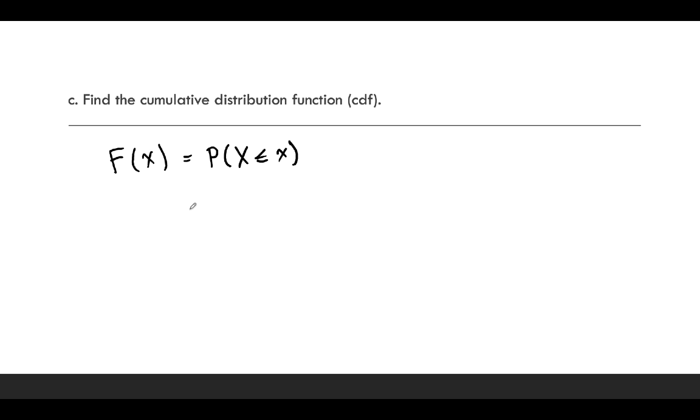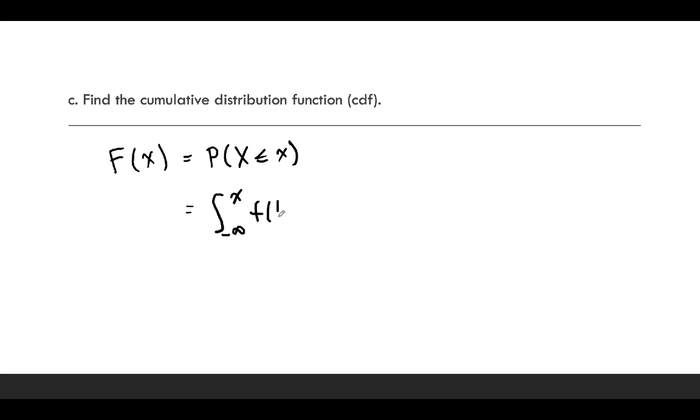However, when we calculate it with a continuous variable, using the calculus notation, we're going to get the integral of the lower bound, which in general is negative infinity, up to x. And then I still am going to use my continuous density function.